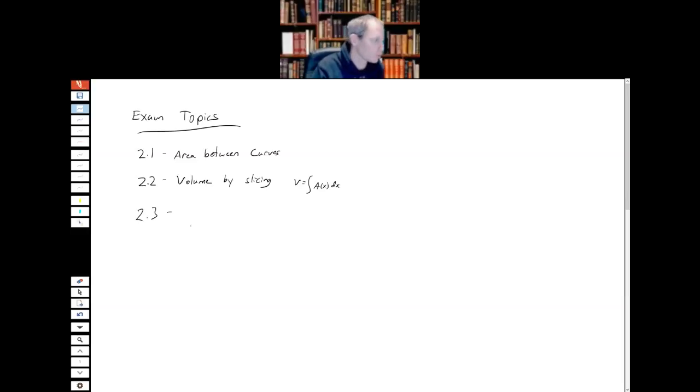2.3 was volume using... I think in 2.2 we also had the disk and washer method. And then in 2.3, we had the shell method.